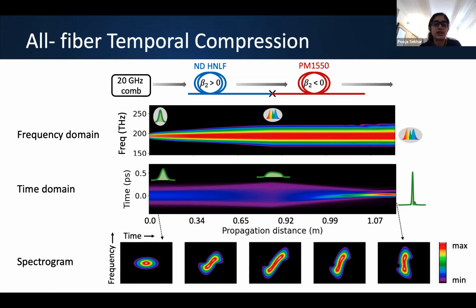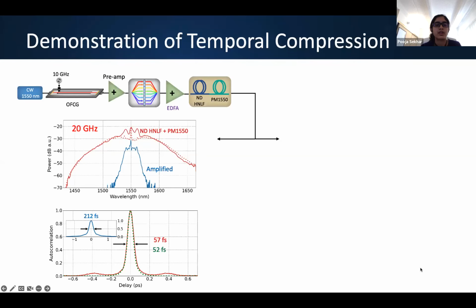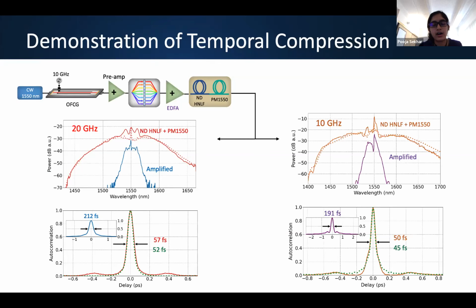Here, the spectrograms of the pulse at different points across the fiber show that using this all fiber approach, we are able to compress or compensate for this nonlinear spectral phase quite efficiently. And using this all fiber temporal compression approach, we were able to obtain ultrashort pulses with 57 femtoseconds at 20 gigahertz repetition rate and about 50 femtoseconds at 10 gigahertz repetition rate as shown here.